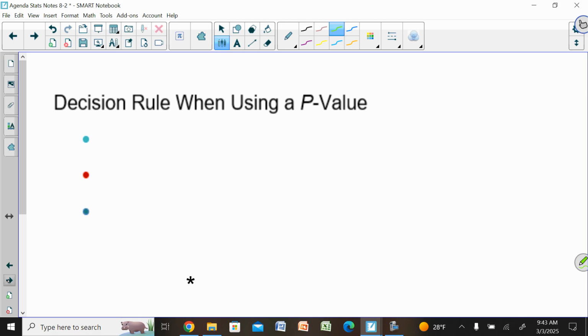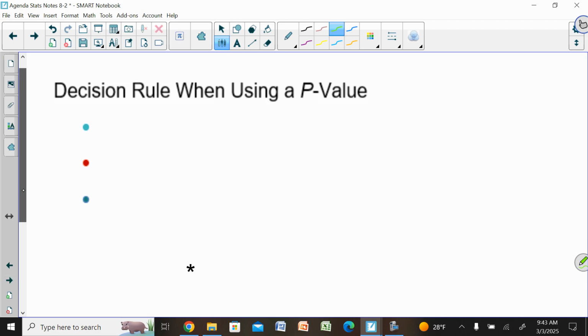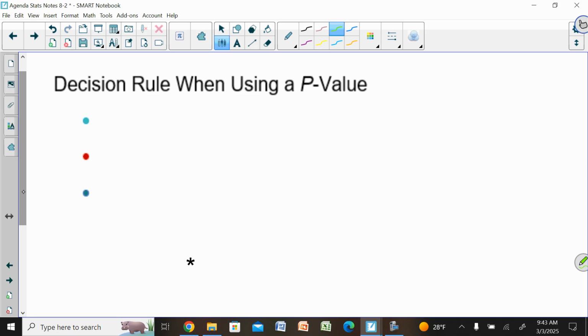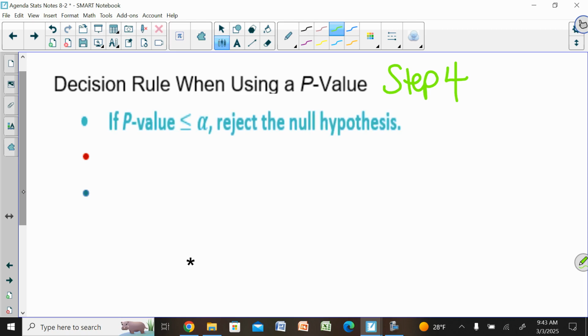So the decision rule, this is important. This is how we actually do step 4, which I just said is the only thing that's brand new. If your p-value is less than or equal to alpha, you're going to reject the null hypothesis.